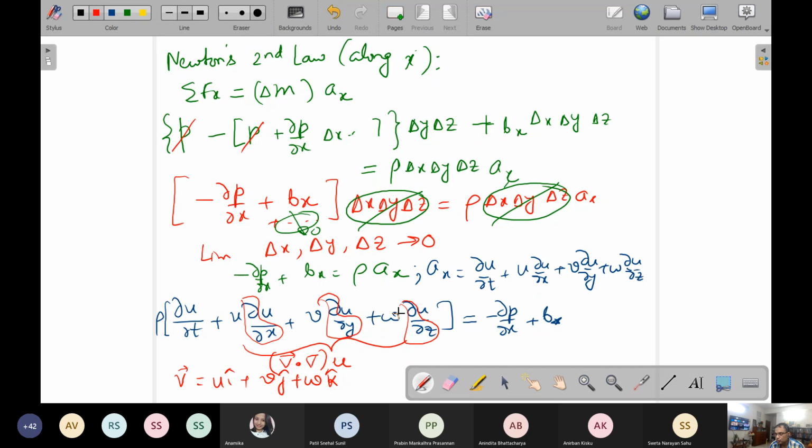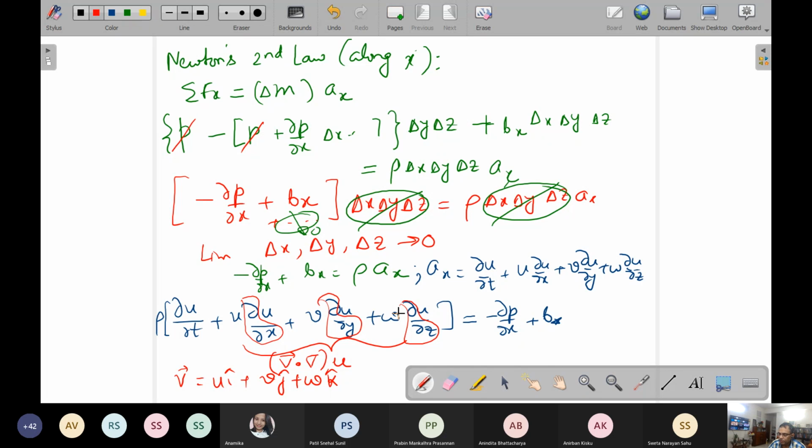So i into the partial with respect to x plus j into partial with respect to y plus k into partial with respect to z. So that is that nabla operator. If you make a dot product of the velocity vector with that, you will get the three terms which are marked by red, and all the terms are operating on u.